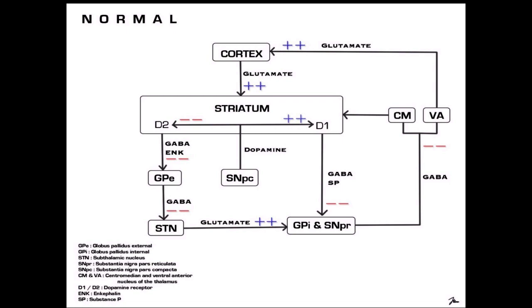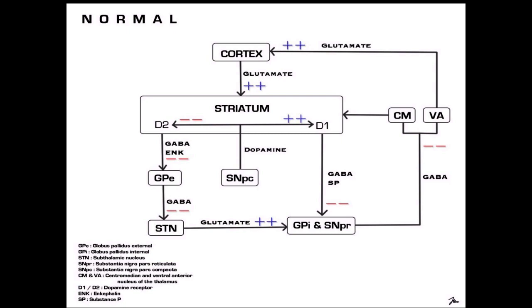This is interesting. And so we call this the indirect route because there are two steps in between these D2 receptors and the output nuclei. The indirect route goes through the external segment of the globus pallidus and the subthalamic nucleus, and from the subthalamic nucleus to the output nuclei.